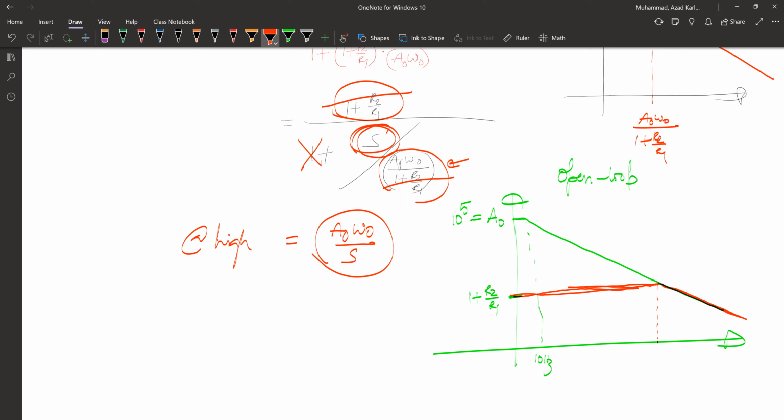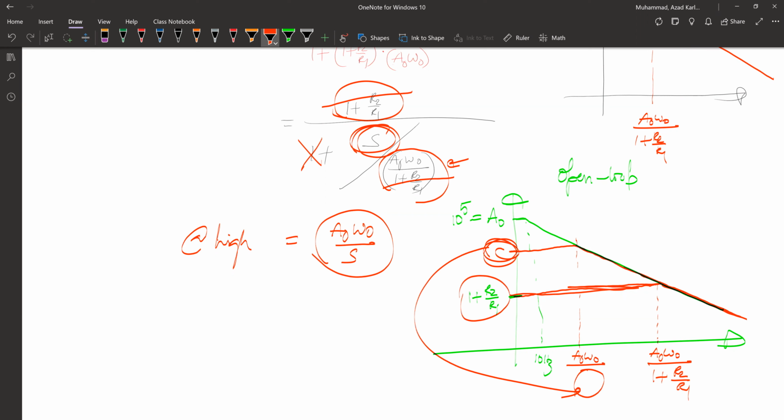So if you want a different gain, it will start like this and just follow this behavior, right? And this frequency is particularly A naught omega naught over 1 plus R2 over R. And this is A naught omega naught over whatever gain you have, 1 over R2 or R1. So let's call this a different value so that value will come here.